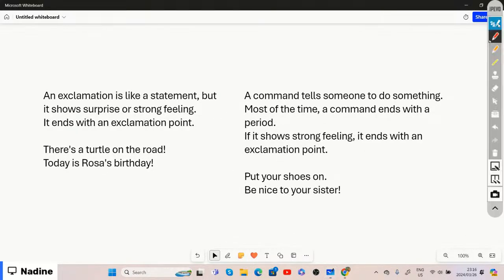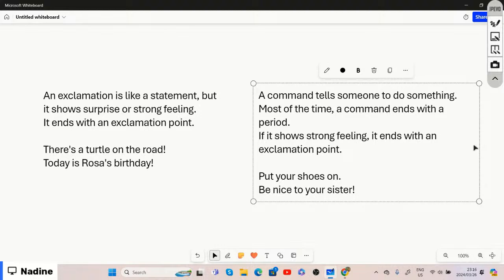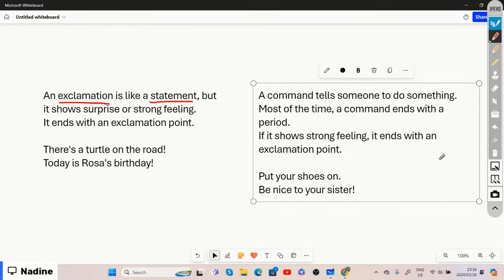All right, the other kind of sentence is an exclamation. An exclamation is like a statement, but it shows surprise or it shows strong feelings. Remember, we said a statement is where you're just telling someone about something, and it ends with a period.